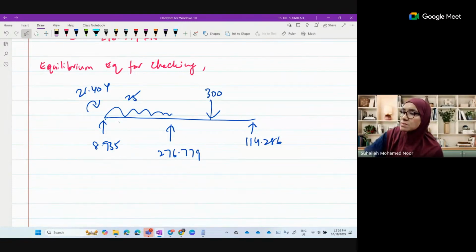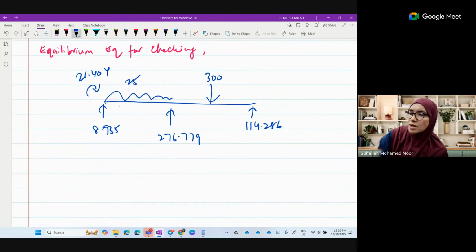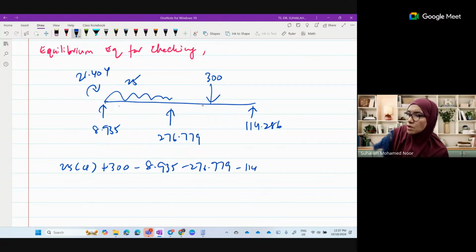Okay, 25 times 4 plus 300 minus all dapat kosong tak? Cuba check. Yang ni for FY lah. For FY 25 times 4 plus 300. So semua bawah minus kan? 8.935 minus 276.779 minus 114.286.